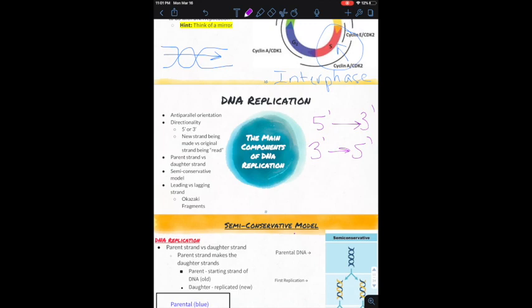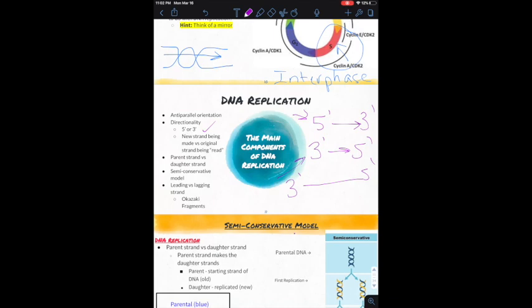Directionality refers to the different strands of DNA being referred to by the 5' end or the 3' end. So the new strand being made is running in one direction while the original strand is being read in the opposite direction.